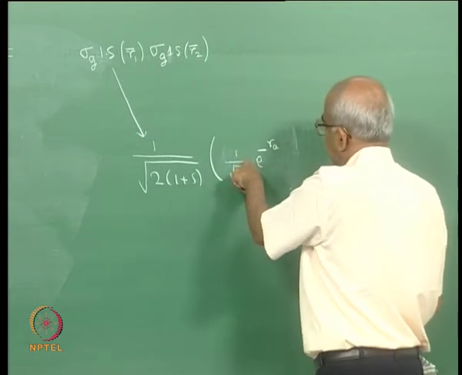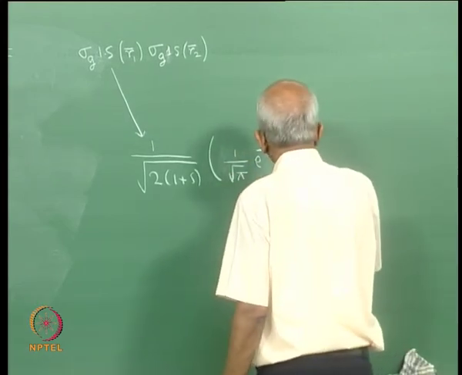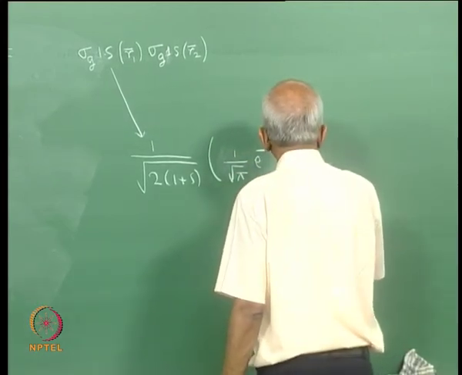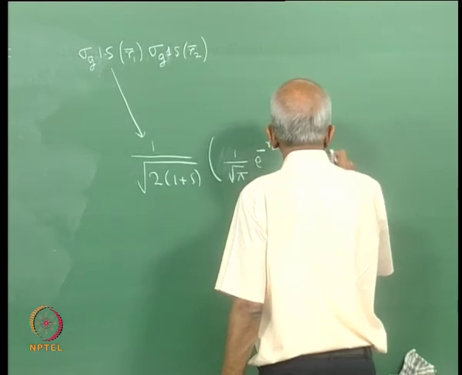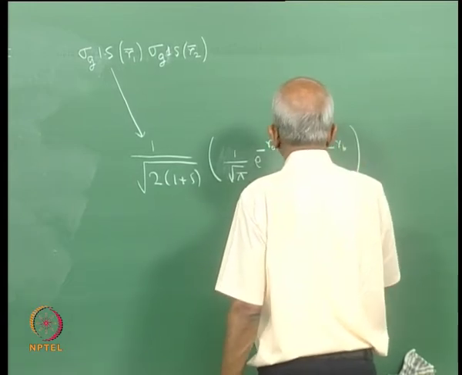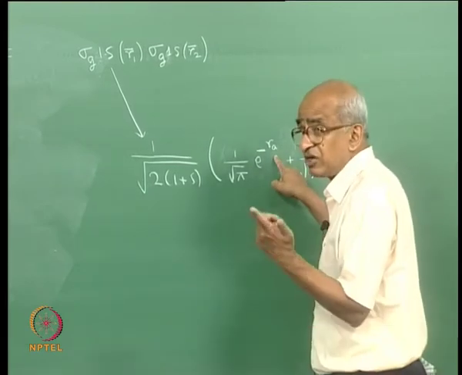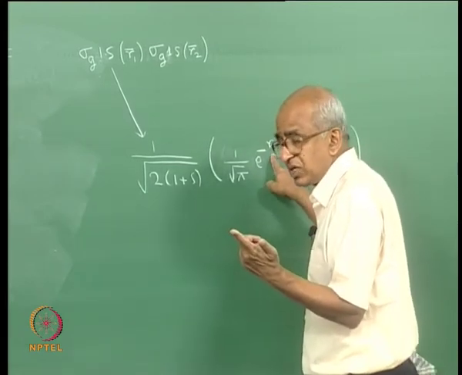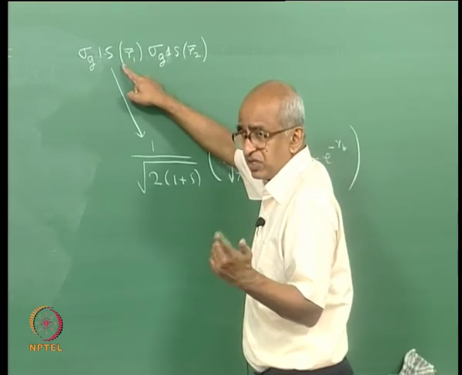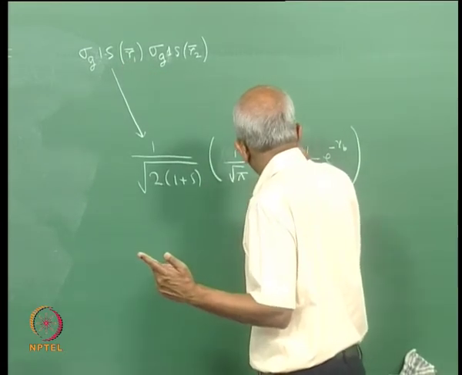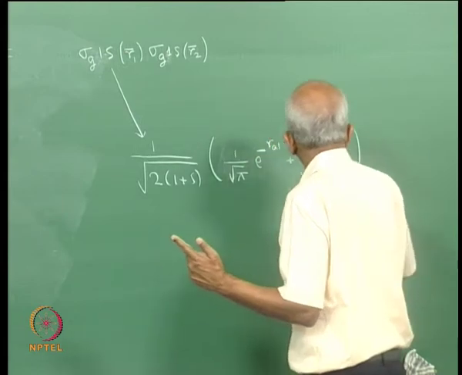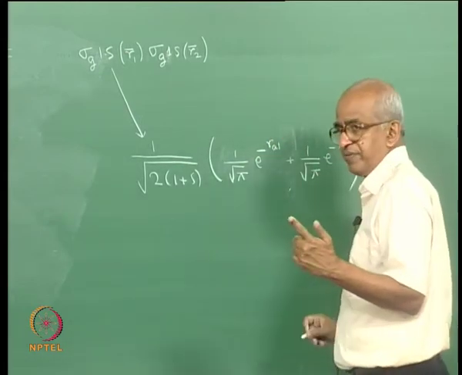The constants are not there because I am using atomic units. Plus 1 by square root of pi e to the power of minus R B. But here R A and R B are for electron 1, because electron 1 is sitting in sigma g 1s. So, strictly speaking, I should say R A1 and R B1.